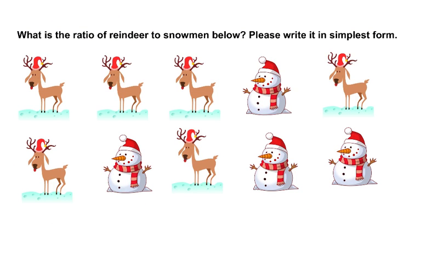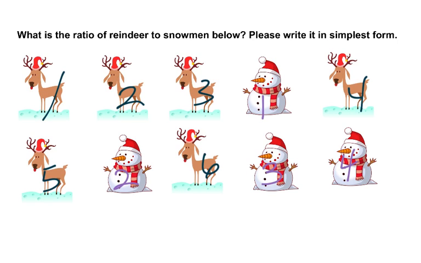So here's an example. We need the ratio of reindeer to snowmen below. Write it in simplest form. So I'm going to count my reindeer. 1, 2, 3, 4, 5, 6. And now I'm going to count my snowmen. 1, 2, 3, 4.